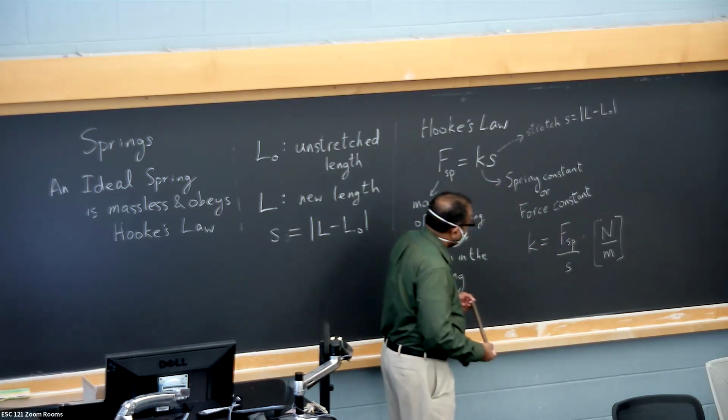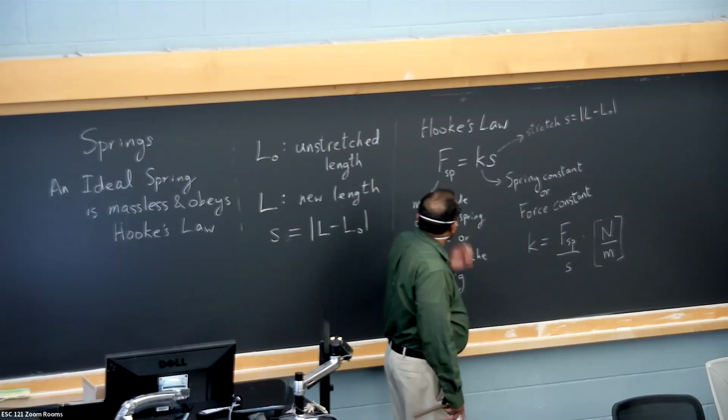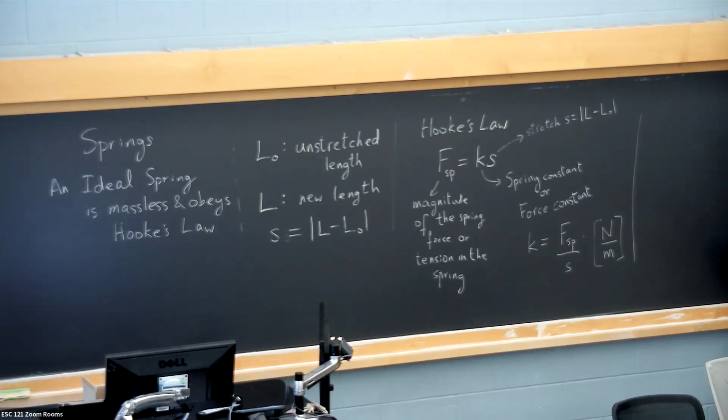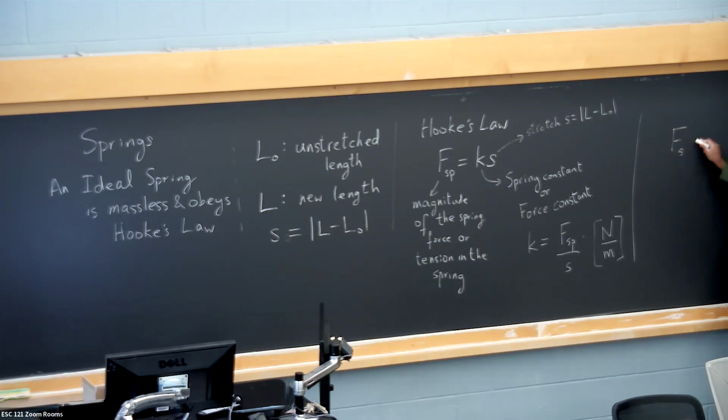So what Hooke's law is saying is that the more you stretch it, the more force you need. We talked about the units. Don't write what I'm going to say down just yet, listen to me. You will see places that say the force of the spring is minus kx.